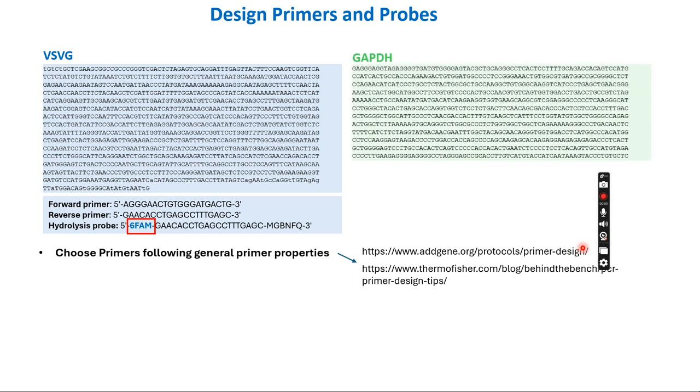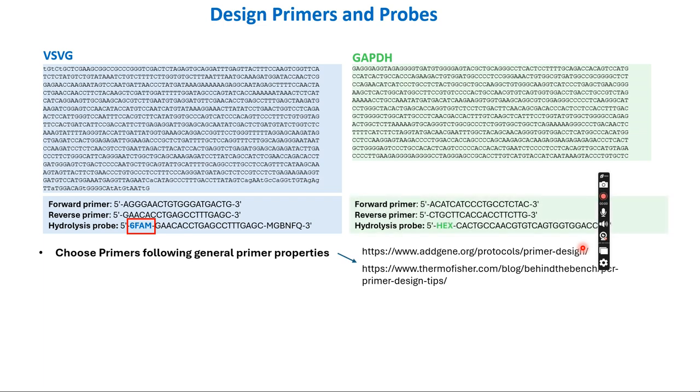And like every other experiment, I will also choose my reference gene. Just to give you an example, for educational purposes, I am taking GAPDH. And since this is my reference gene, definitely I also have to design the primer sets and the probe.